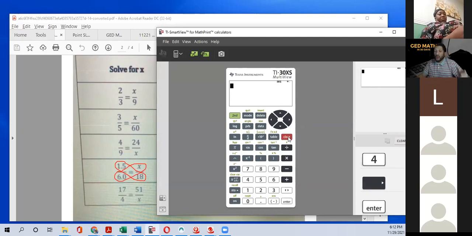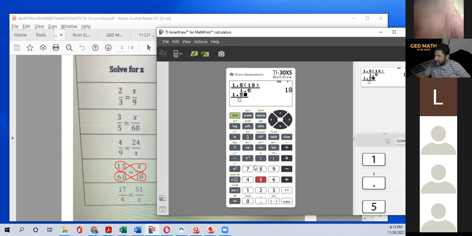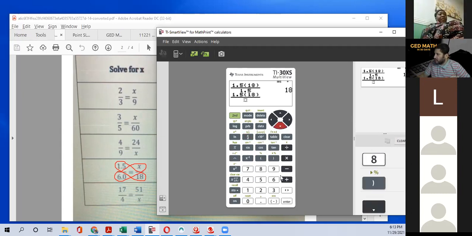Again, that's why you can solve any proportion by cross multiplication, because they must be equal to each other. So, for example, ND 1.5 times 18, divided by 6.